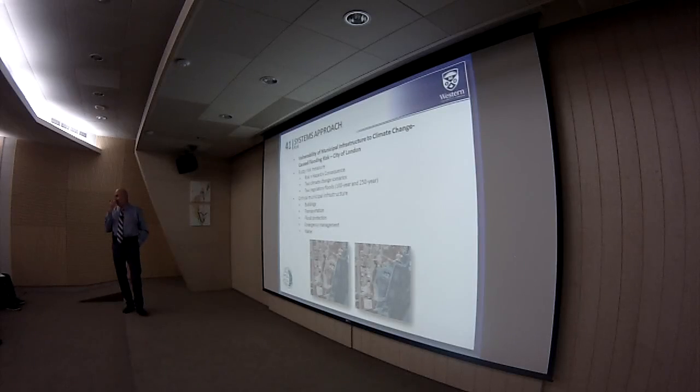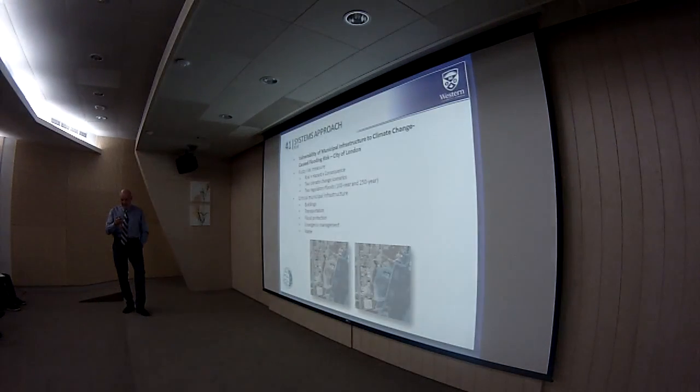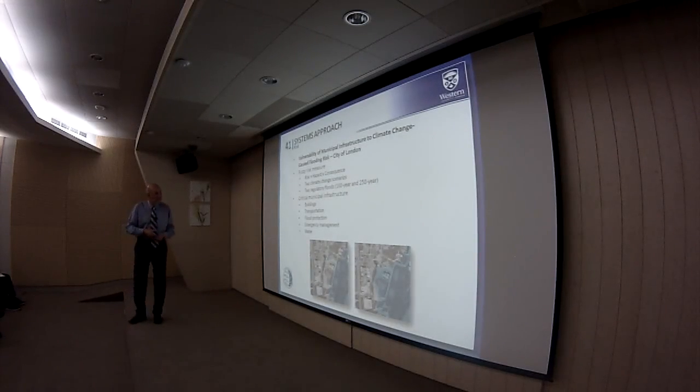And the last example, some of you already heard this example, is the example where we look at the climate change, flooding risk, and the impact of climate change caused flood risk on the municipal infrastructure in the city of London, where I live right now.